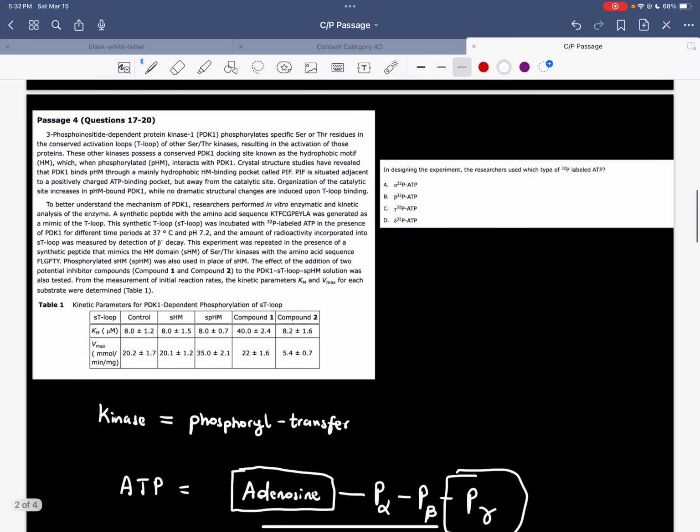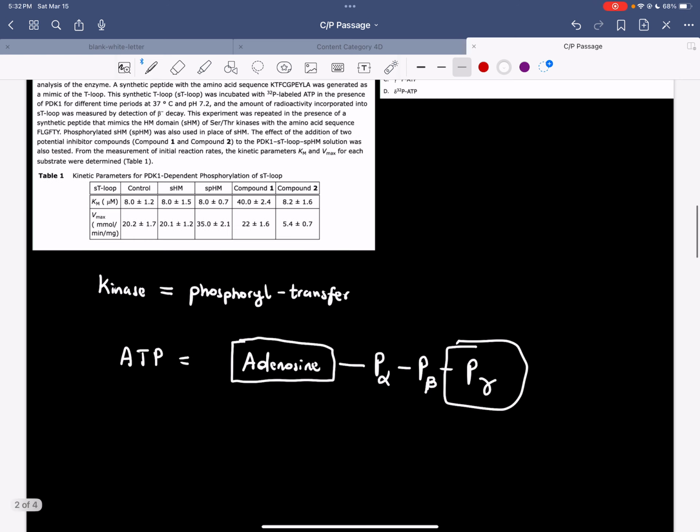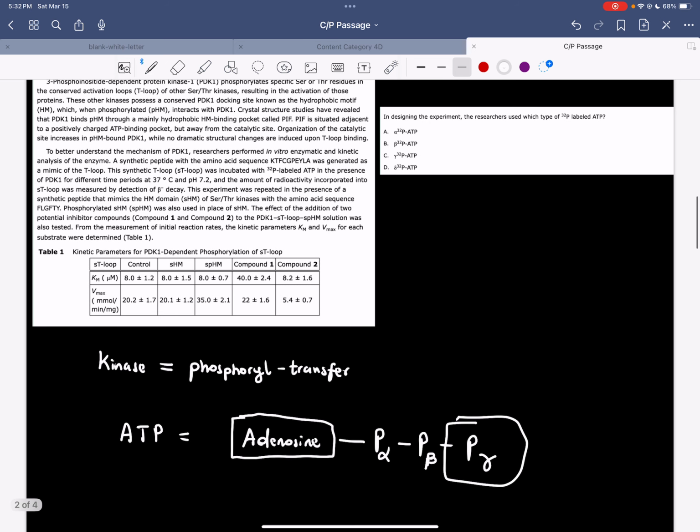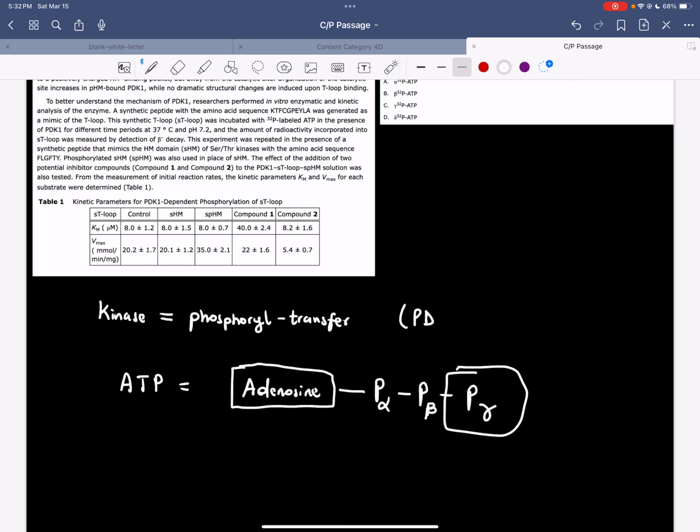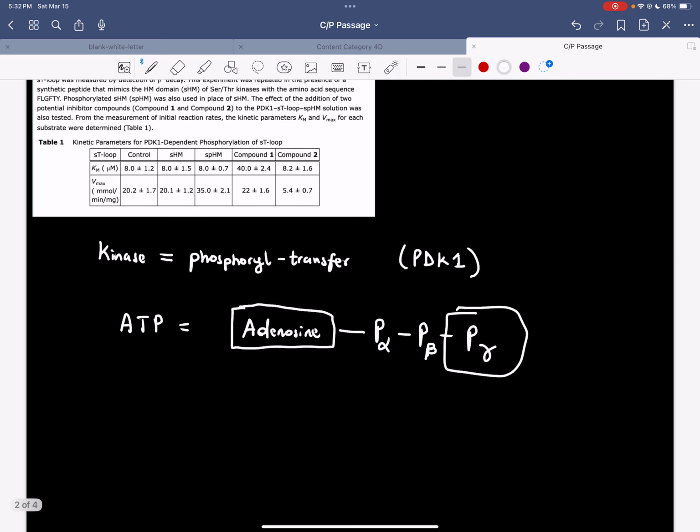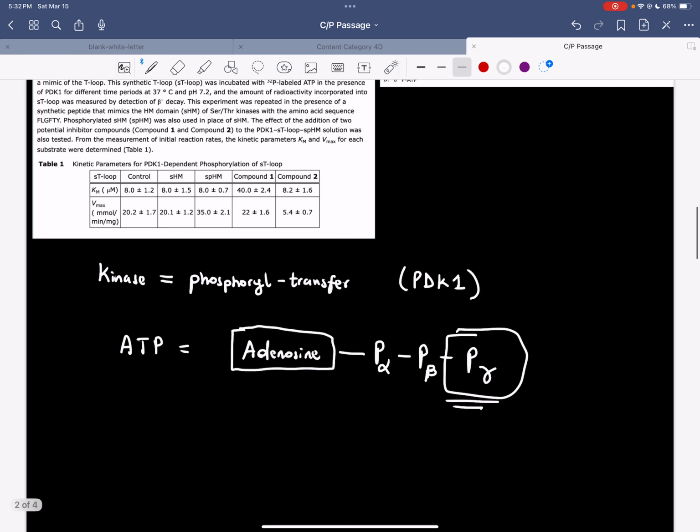Now, we could tell that because the question said that we incubated this ST loop with the 32P labeled ATP. So basically, what the kinase will do, because the kinase is our PDK1, is kick off this phosphoryl group and then transfer it into the stuff we're looking for. So the stuff is the ST loop that we are transferring.